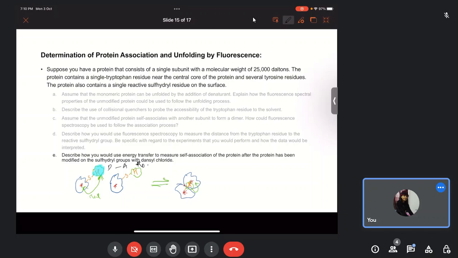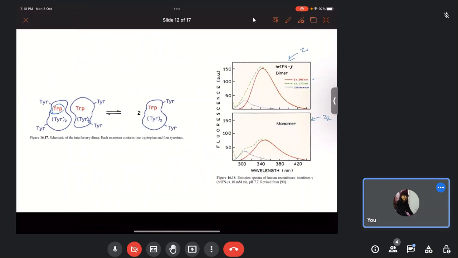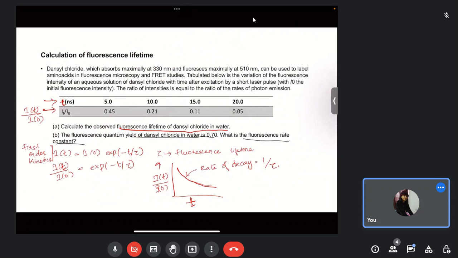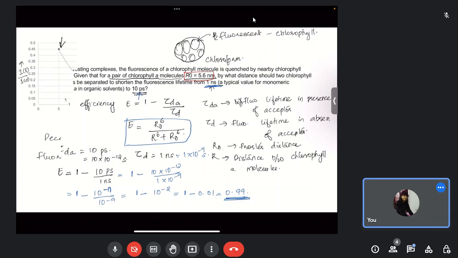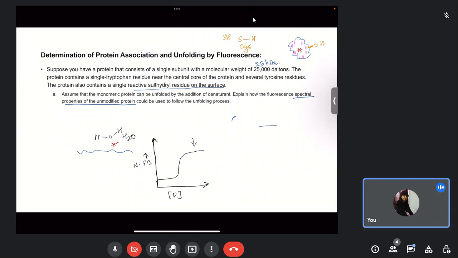If you have any particular questions about the problems that we have discussed, please let me know. I'll be happy to answer. Today, in the first part, we covered how to calculate the fluorescence lifetime, how to calculate the distance between the donor and the acceptor in case of a FRET pair, and the fractional contribution to steady-state intensities.